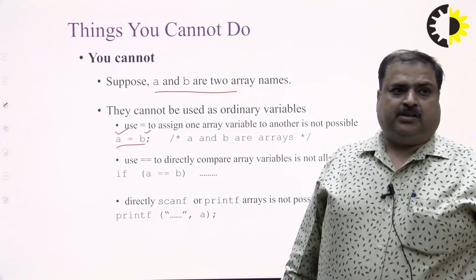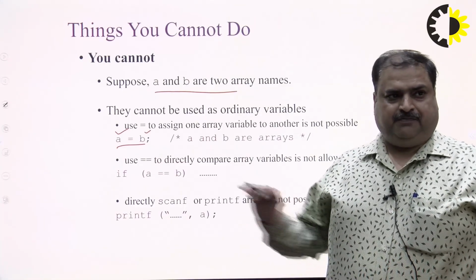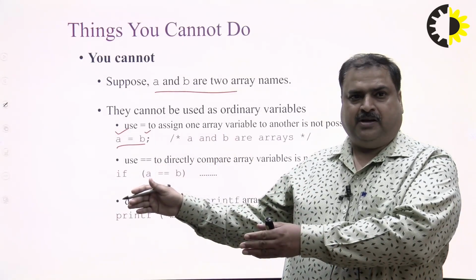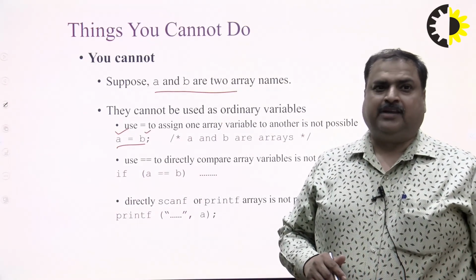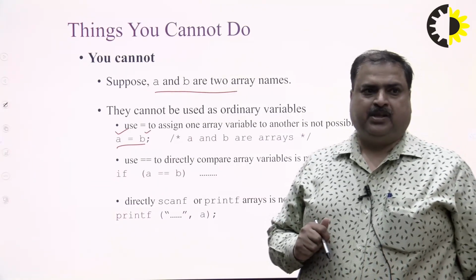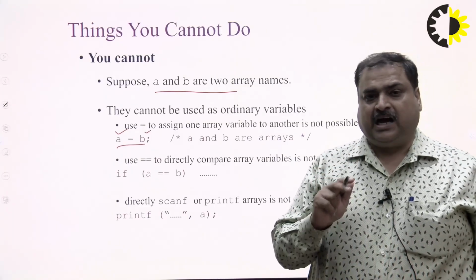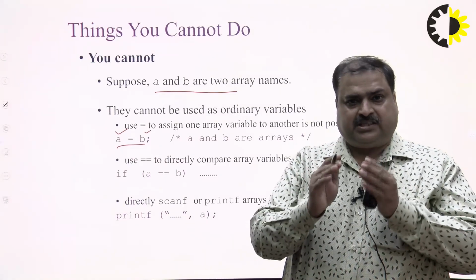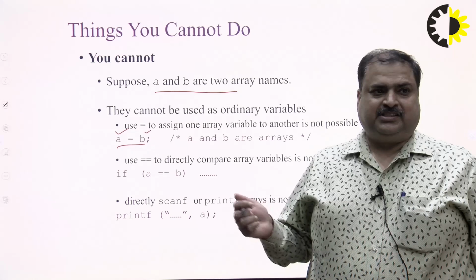But in this situation, we have both arrays, array A and array B. We want to put the elements of array B into array A, but this cannot be done with the help of the assignment operator. We need to understand why. I have already told you, these array names are the base address, or the first address, of the memory location where they are stored. So in this situation, what will happen?